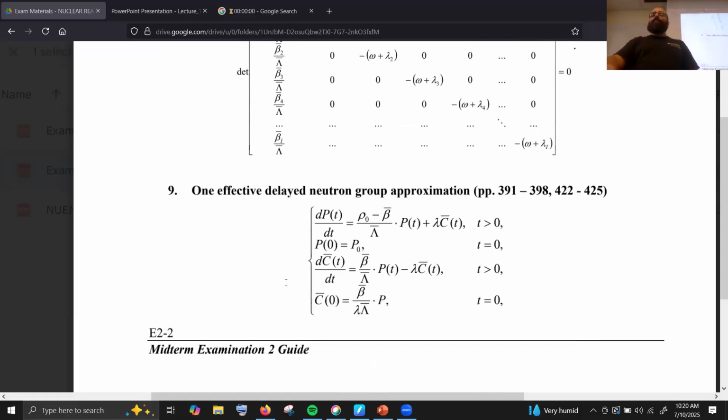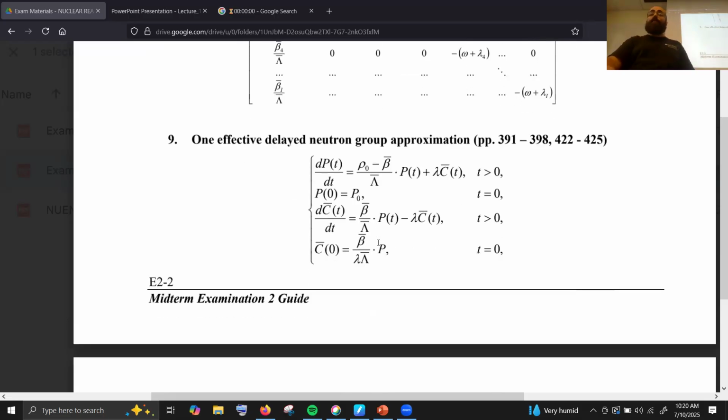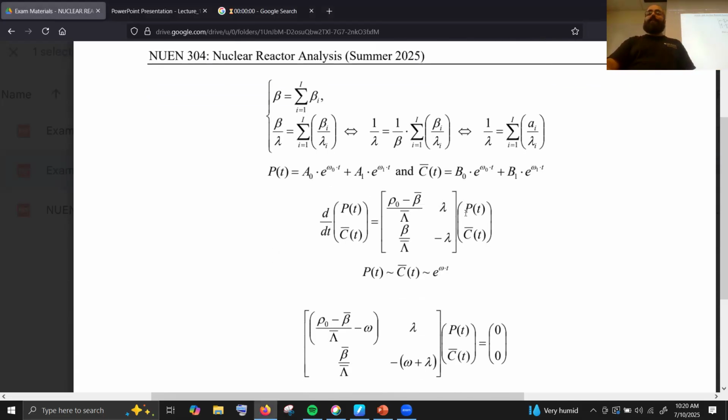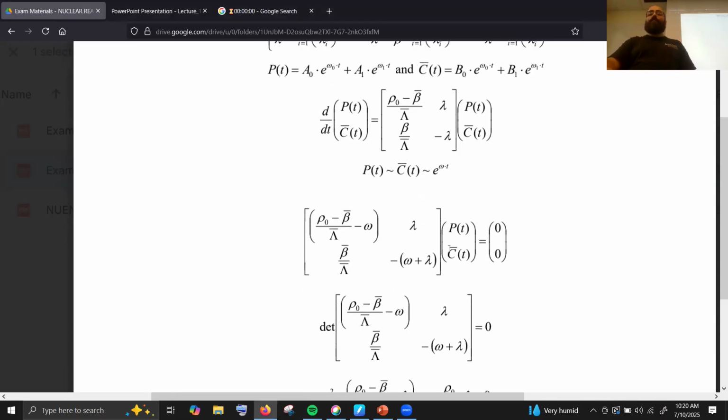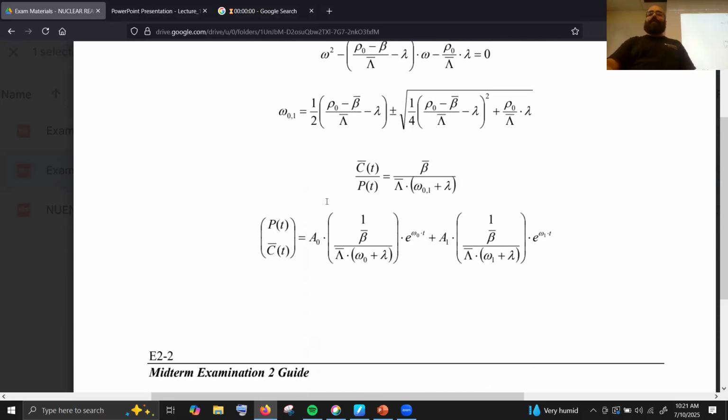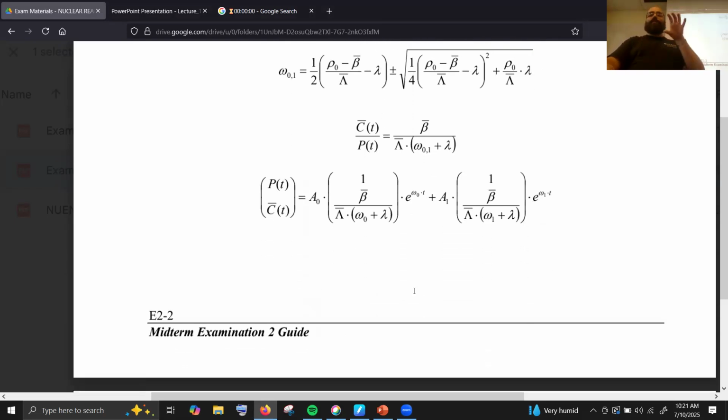But if you make the one delayed neutron precursor group approximation, you get equations that you can solve symbolically, and then you can get analytical expressions for the power and for the time constants. So this shows how you can solve the kinetics equations with one delayed neutron precursor group.